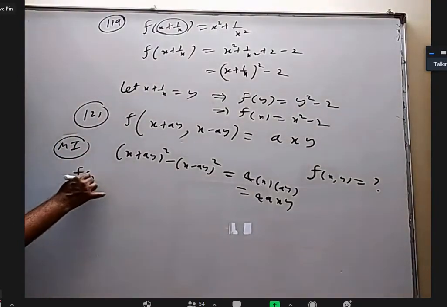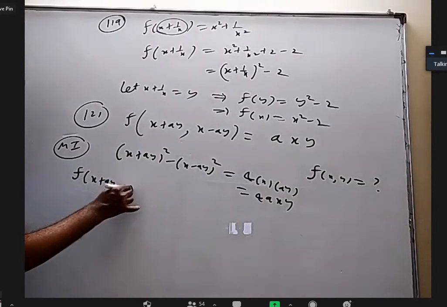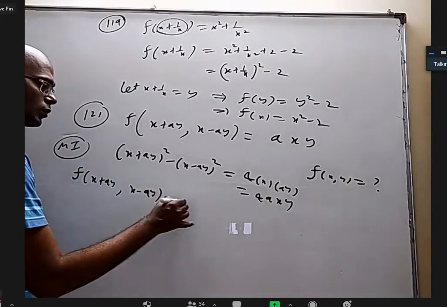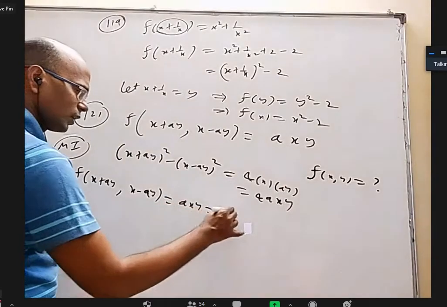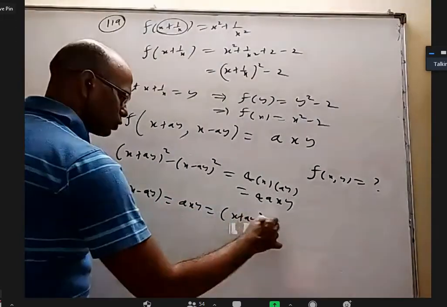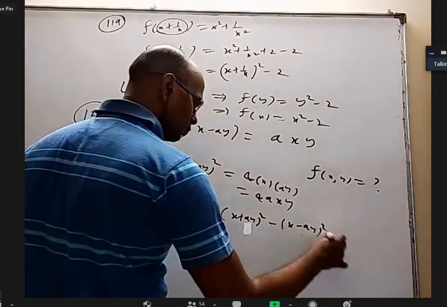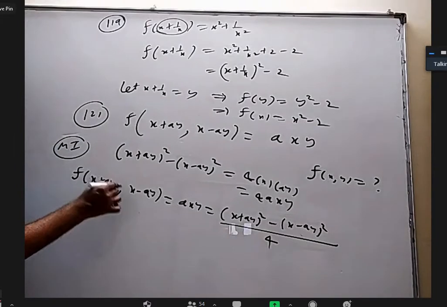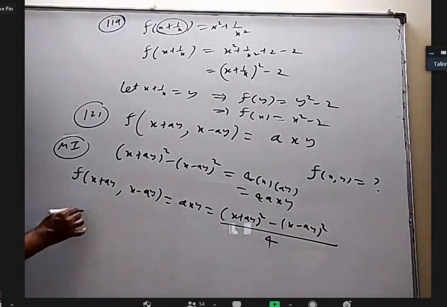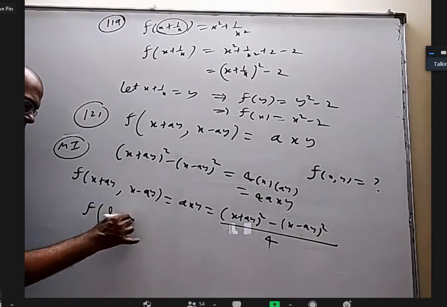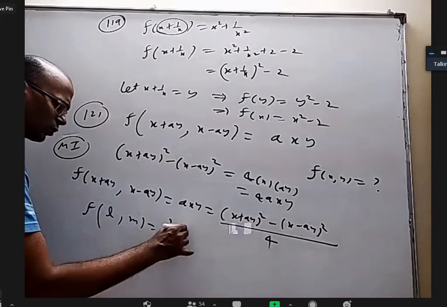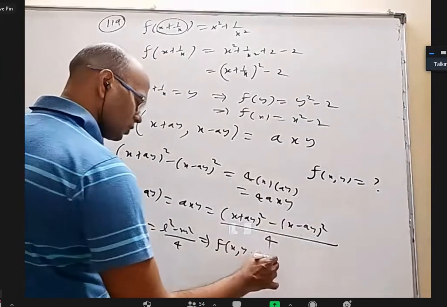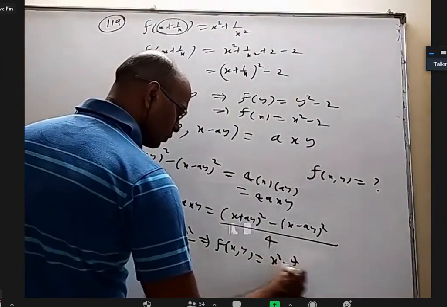So f of x plus ay comma x minus ay is equal to axy, which can be written as x plus ay whole square minus x minus ay whole square by 4. Now if you call these capital X and capital Y or some L and M, you can easily understand f of L comma M is L square minus M square by 4. Similarly, f of x comma y is x square minus y square by 4.